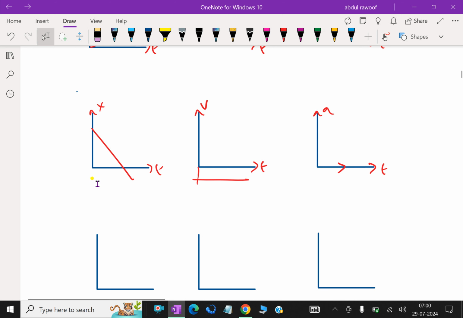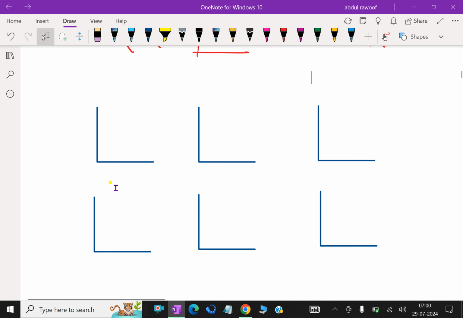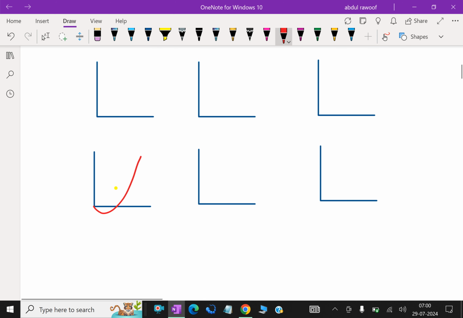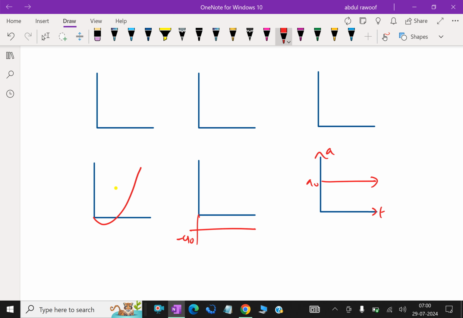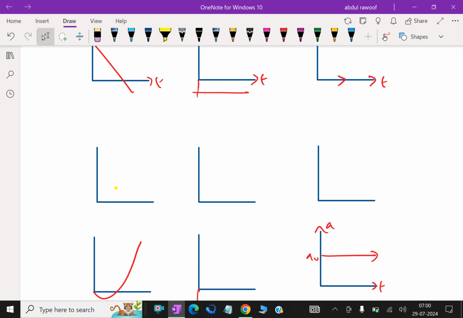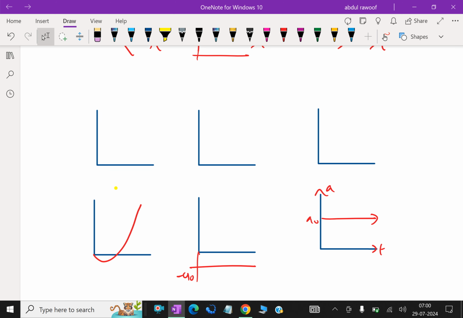Next one, it may also be like this. Here it is minus u0. Then acceleration versus time. Before this we can finish here.